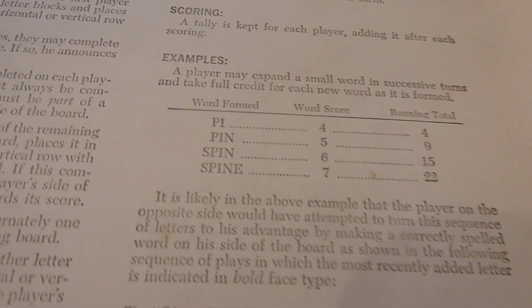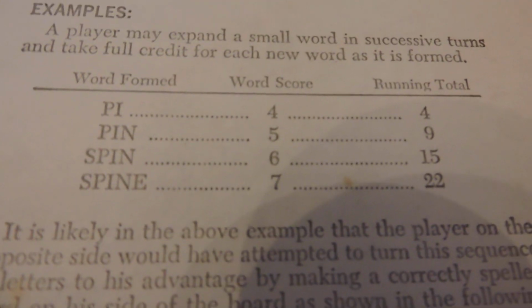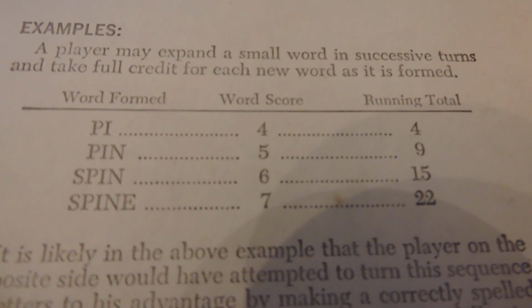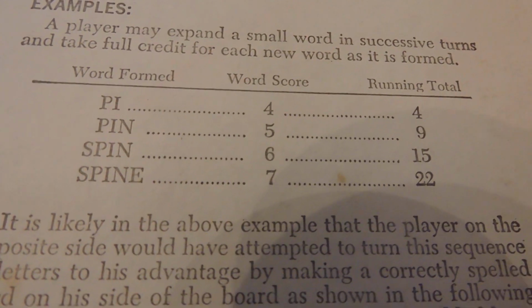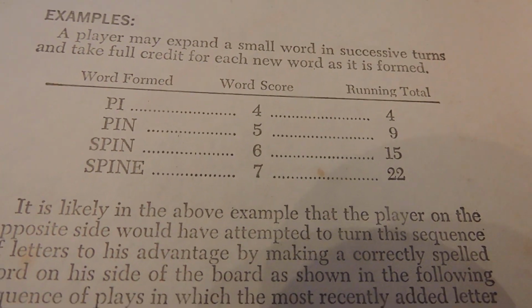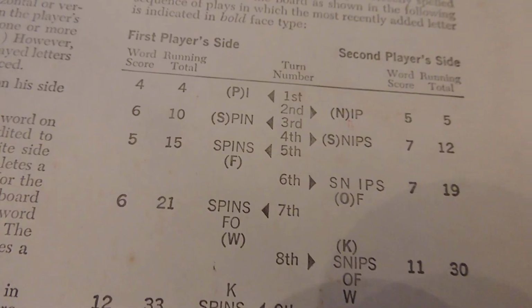Two-letter words are 4 points, 3 is 5, 4 is 6, 5 is 7, I'm assuming 6 is 8, but it doesn't say it. But here's the confusing part.